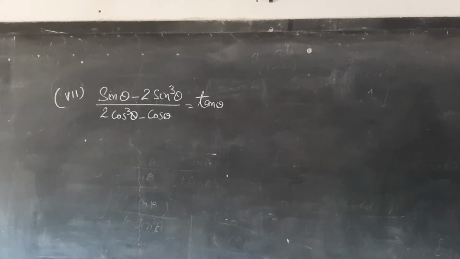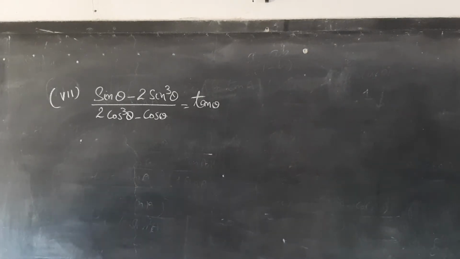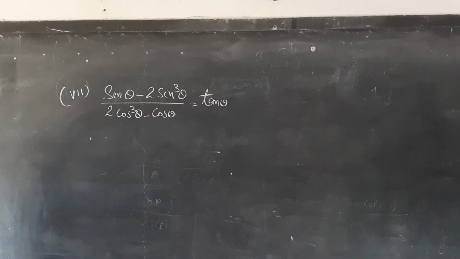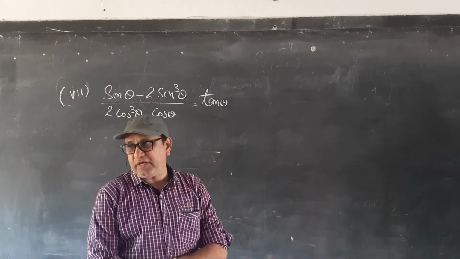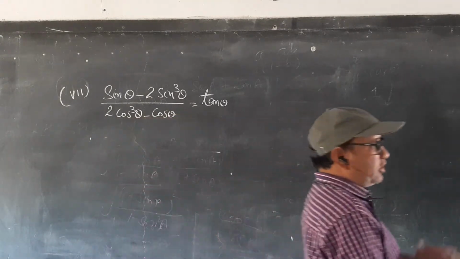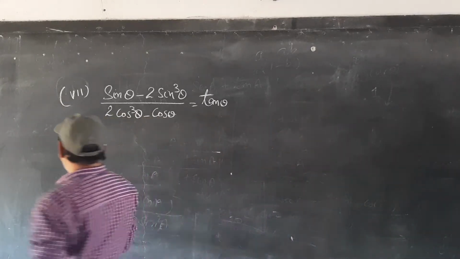Now continue. Next question: (sin theta minus 2 sin cube theta) upon (2 cos cube theta minus cos theta) equal to tan theta. Right? Just think, what can we do in the very first step? Common factor. Okay? Yes, correct.